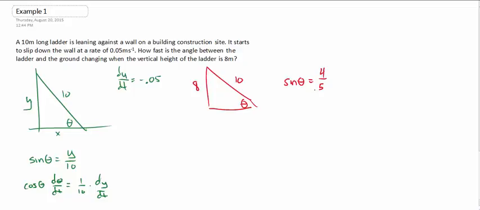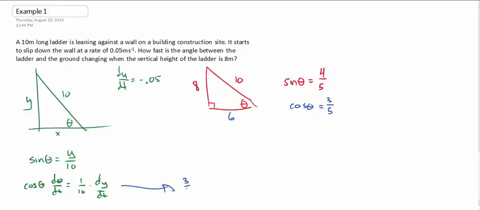And I could use the Pythagorean identity to find the cosine of theta, which I need, or I can come back to my right triangle that we build with this ladder, and we know that this missing side, x, is 6, so we can just write cosine theta is 6 over 10, or 3/5. And now we can put in our information.